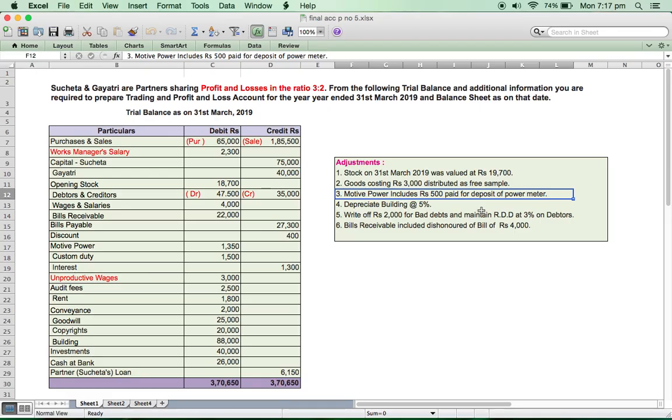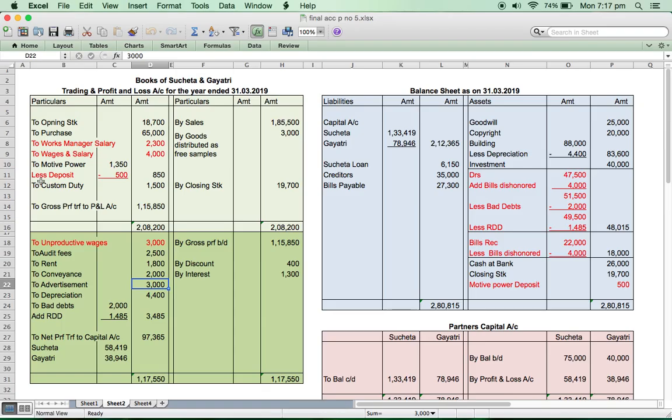So you are going to receive it, and hence we are going to show it in the asset side. So motive power amount is posted in the inner column, less deposit rupees 500 net amount in the outer column, and this 500 which we have reduced from the expenses, we are going to show it here at the asset side as motive power deposit.